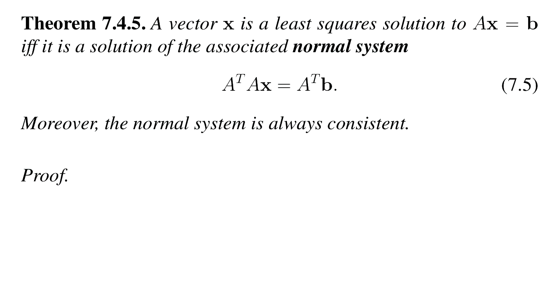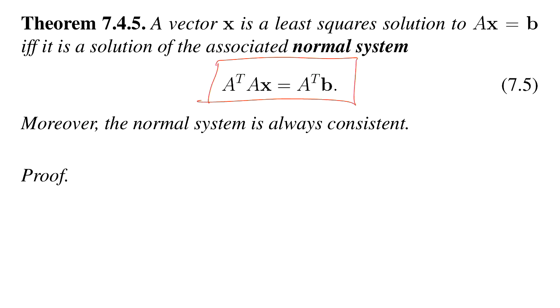Okay, so is there a way of doing all this searching for least squared solutions that doesn't involve abstract weird stuff like the projection? And the answer is yes, and the answer to that is given by the following theorem, which uses this thing called the normal system. Now, I honestly have no idea why this is called the normal system.